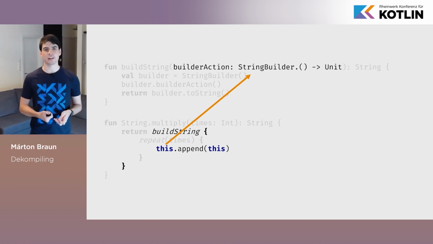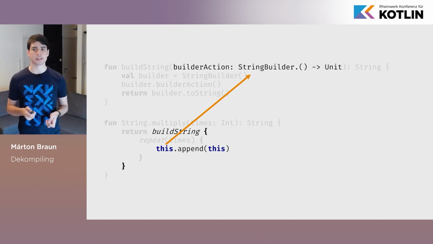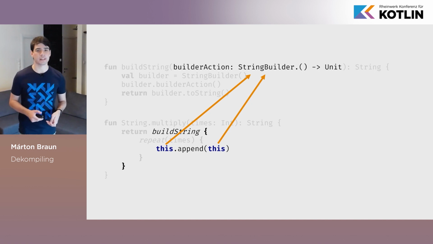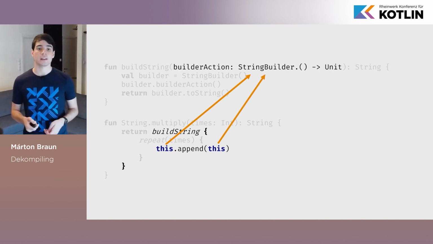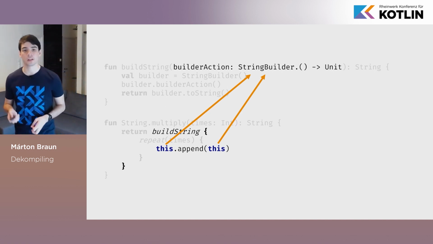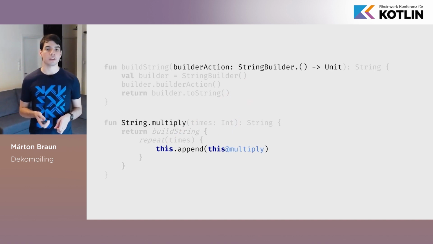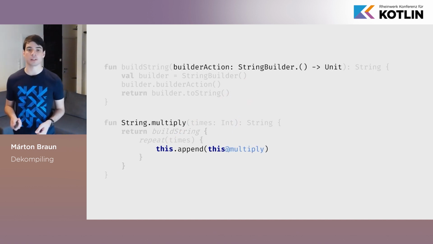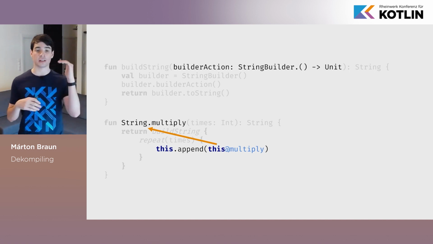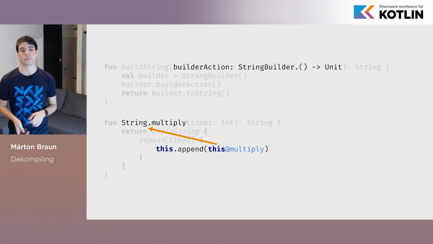But now that we've clarified this, we might also notice that I've introduced a bug at this point. So I'm now appending the string builder to itself by having written down append this, instead of appending the receiver of the multiply function. So to fix this, I would have to be more explicit and say that what I want to append is really the this reference at the scope of the multiply function.